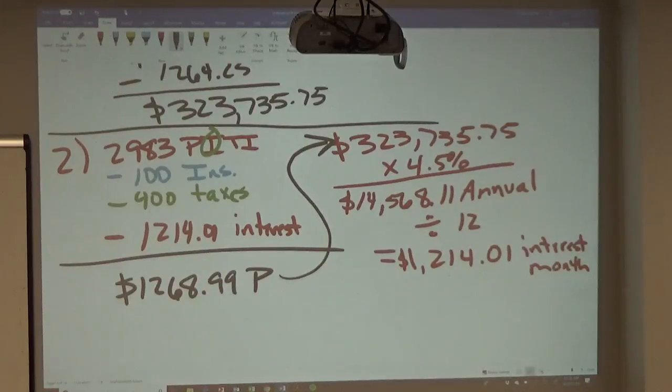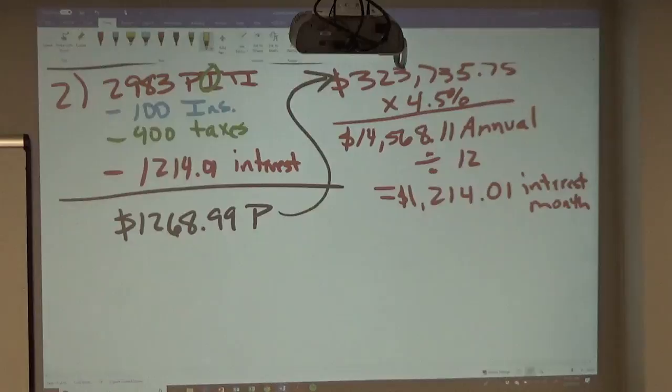So our last math step for payment number 2 is to take the loan balance of $323,735.75 minus $1,268.99 that's getting paid down.